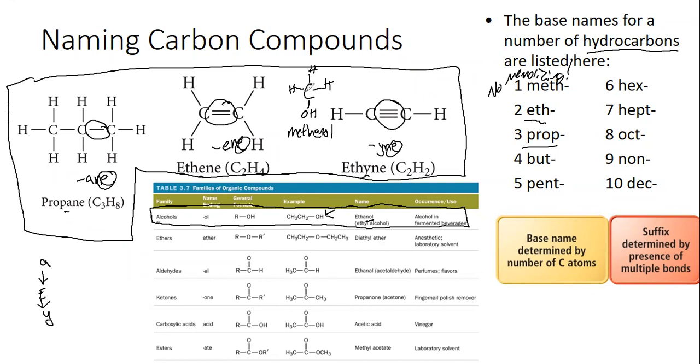And the only difference between methanol and ethanol is 1 carbon. Methanol will make you go blind if you drink it. So just 1 carbon is the difference between being drunk and being blind. But that is our naming scheme for carbon compounds. Any questions about that or what I want you to know for test 1?